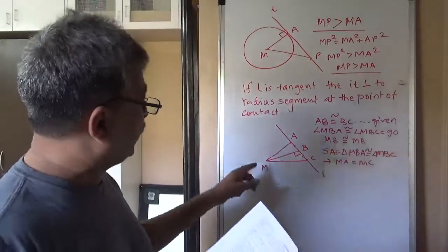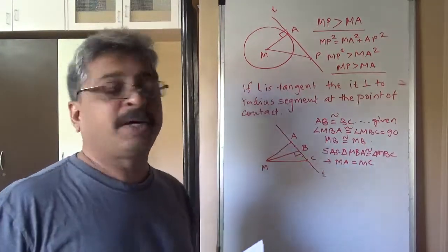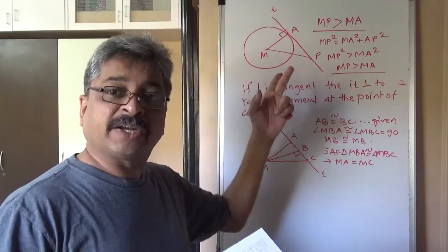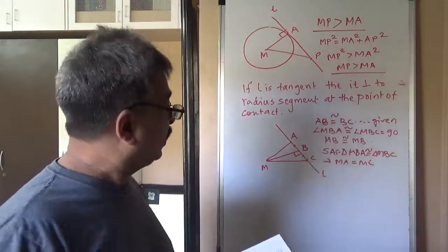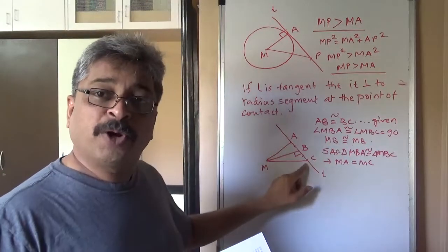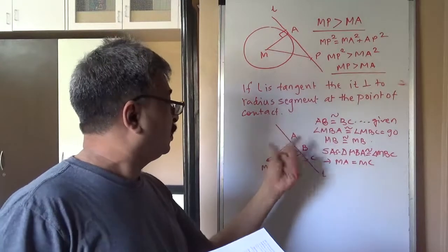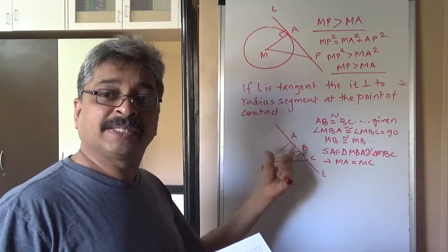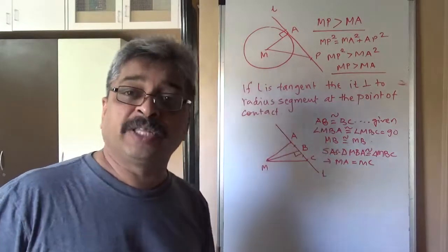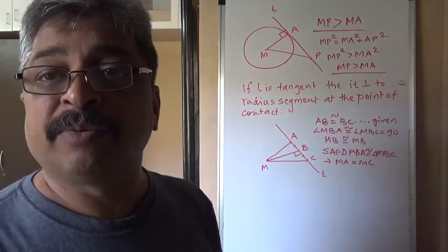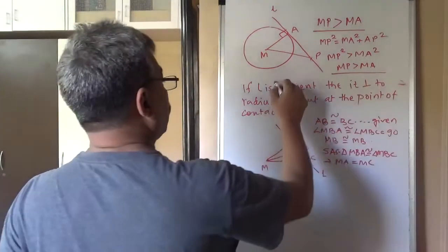So if M is the center of the circle and A was the point of contact of line L with the circle, and if it is not perpendicular, then we end up getting one more point C on the circle because it is equidistant from M, as MA is equal to MC. Therefore we end up having two points on L, A and C, which are equidistant from the center. This is a contradiction to the definition of tangent.